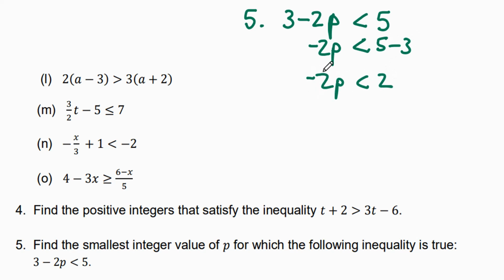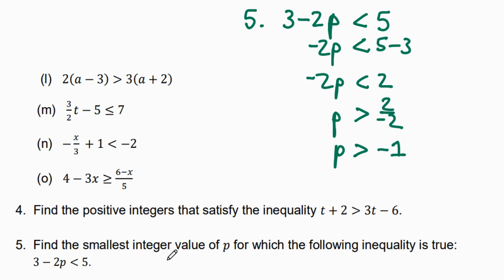Now we want to get rid of this negative 2 here, and we can do so by dividing it into the right-hand side. But then of course our inequality will switch around, and that's because we are dividing by a negative number. So we end up with p greater than negative 1.